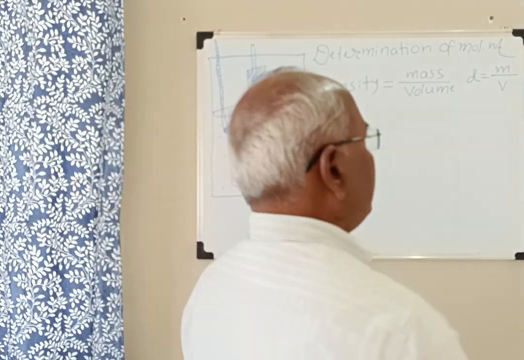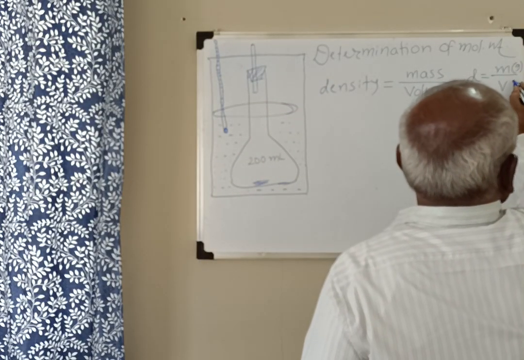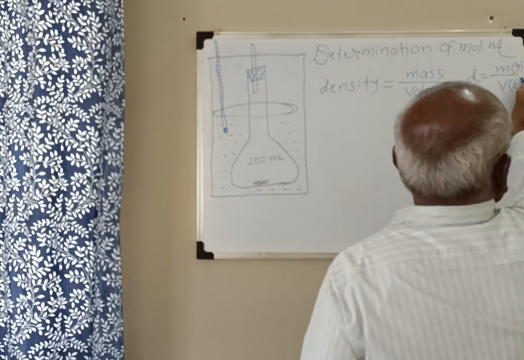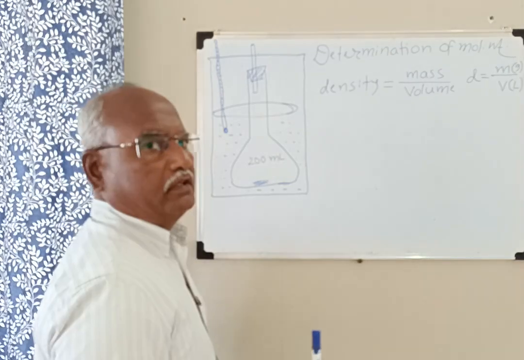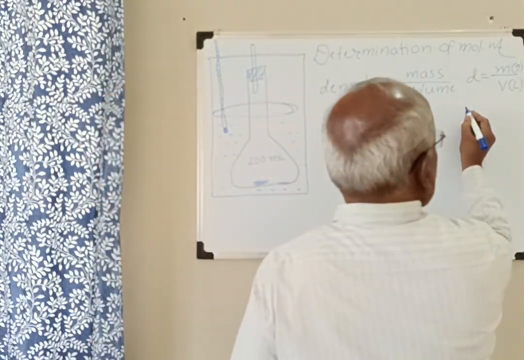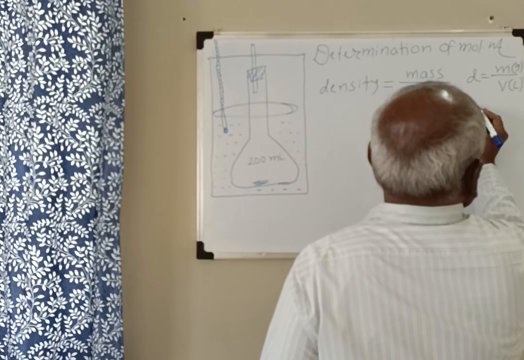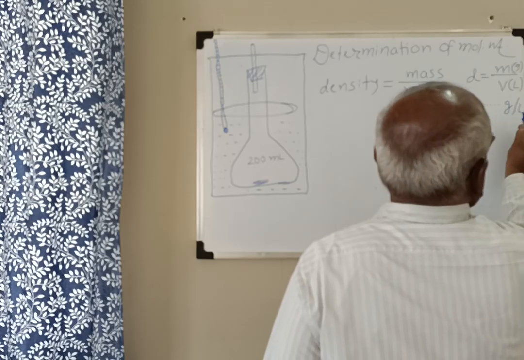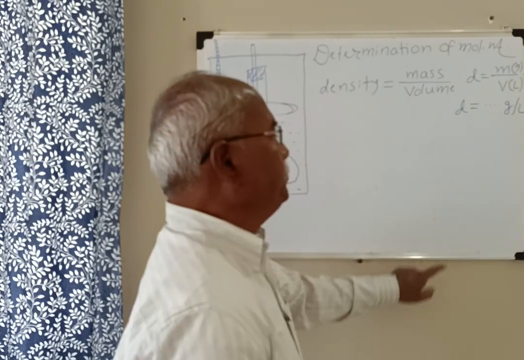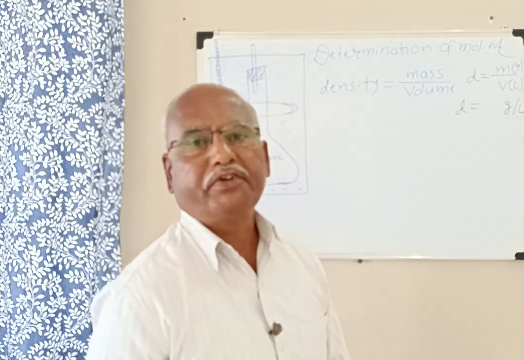When mass is expressed in gram and volume in liter, then the density is expressed in gram per liter. The unit of density is gram per liter.